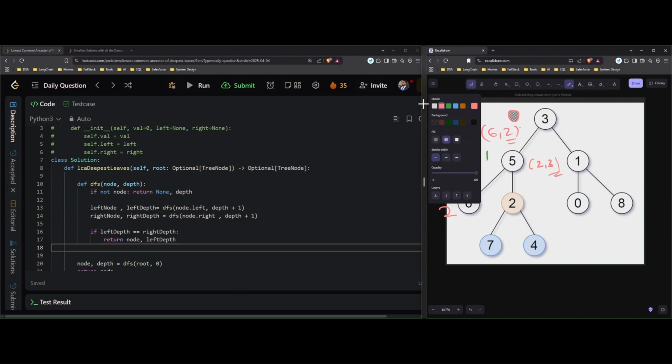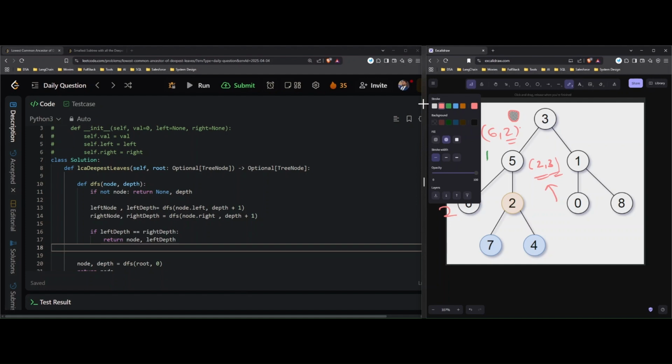So tell me which tree we will take, the left one or the right one. Think about it, because we need the maximum depth, so we'll take the maximum depth one. It will choose the right one, it will not choose the left one.